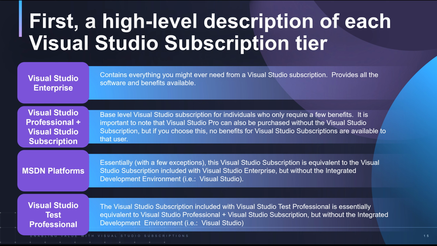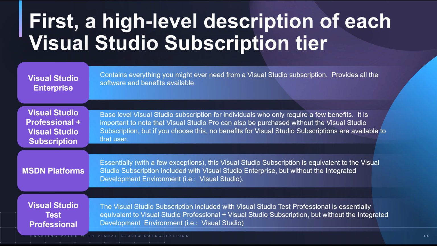But most organizations include the Visual Studio subscription with Visual Studio Professional because it gives you the benefits of the subscription. Without it, you don't get the benefits and you can't do dev test using dev test software. That is very important to understand. If your organization is looking to purchase Visual Studio Professional, it's probably important to make sure they're buying the Visual Studio subscription alongside it as well.